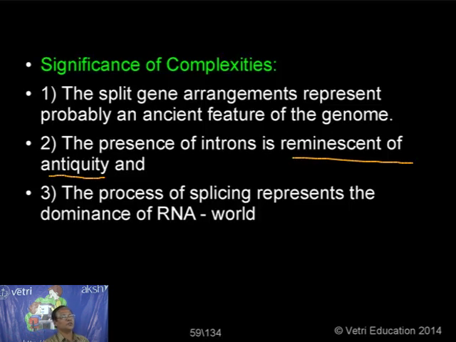Now, why do we have the splicing process? You know that splicing is brought about by complexes, namely the spliceosomes, having RNA and protein. So the process of splicing represents the dominance of the RNA world, as we have many RNAs, and without RNAs there is no process of translation to form specific proteins.